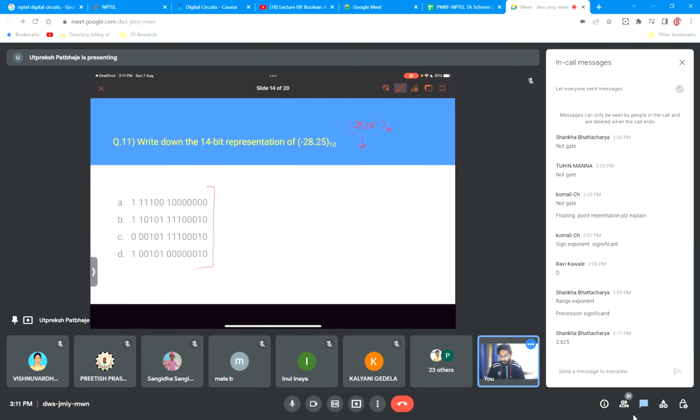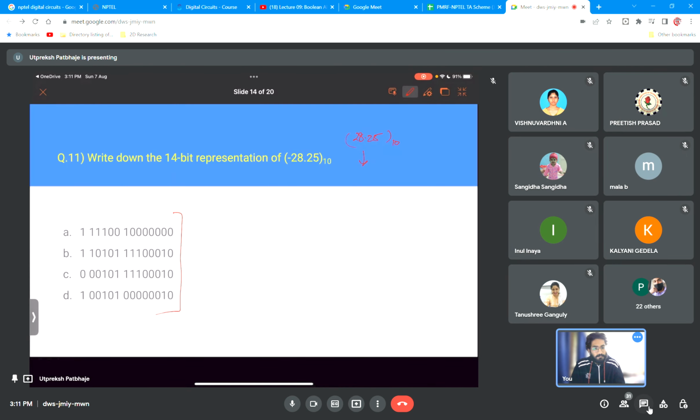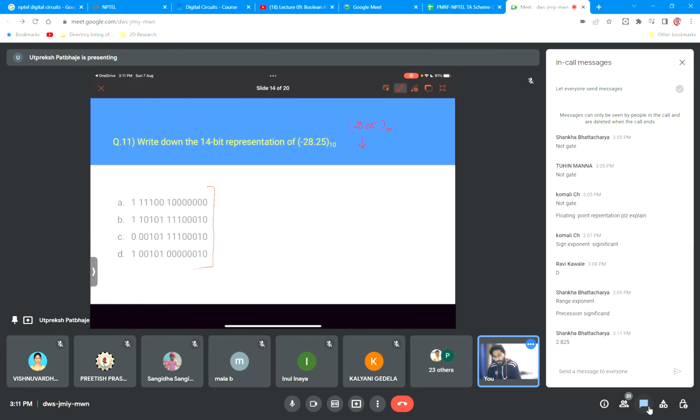2.825. Rest of the people, are you also getting it, or are you just not trying to guess? It will be great if you guys can also try to answer. So if I try to write this down in scientific notation, that will be 2.825 into 10 to power 1.